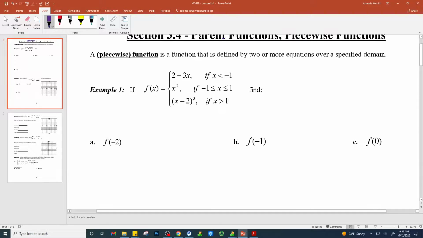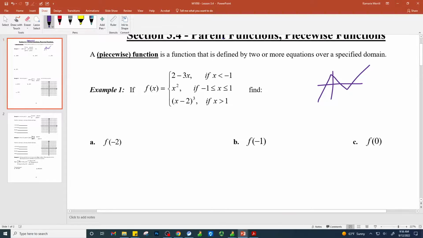The thing about piecewise is you need to use a combination of everything you know: domain, the parent functions, evaluating functions. Everything you've learned up to this point about functions, we're putting together in a piecewise. Piecewise functions are piecing together multiple graphs as one. Even something like this that looks like it's connected is actually a piecewise.